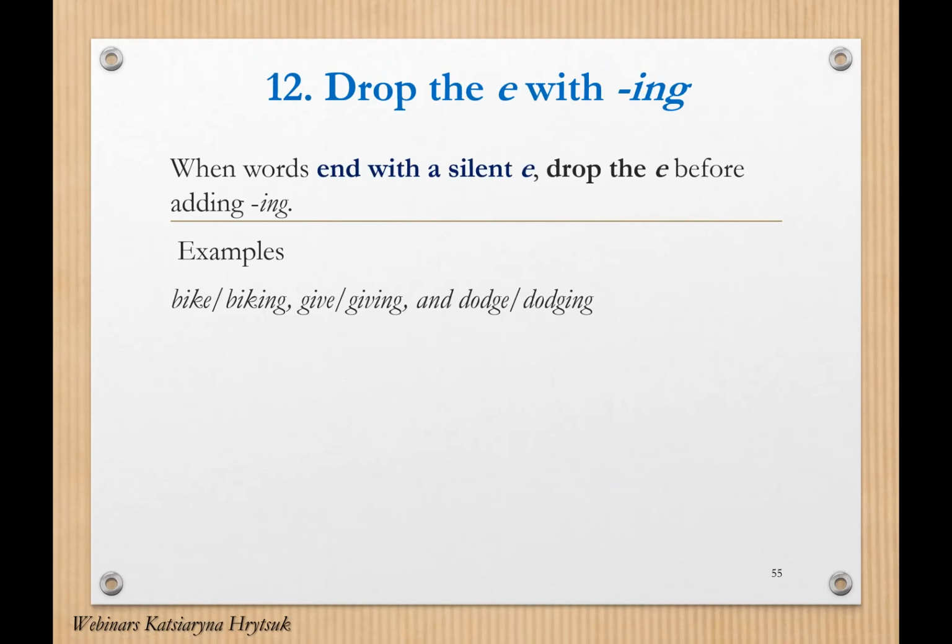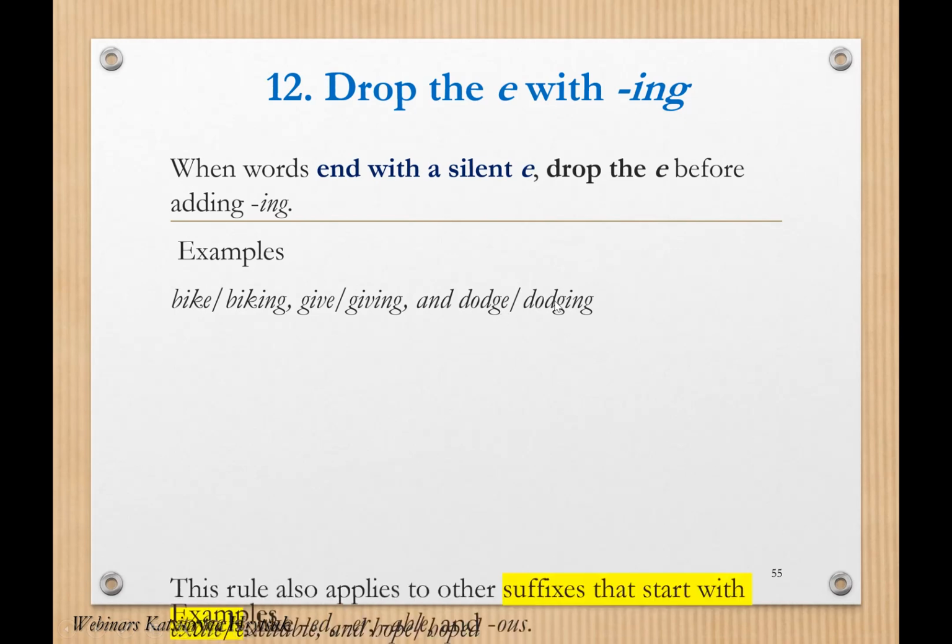Next, rule number 12. When we drop the E with ing. When words end with a silent E, like bike, we drop this E before adding ing. When we form present continuous, remember, we don't write this E. We drop it, put it in the garbage. Bike, biking, give, giving, dodge, dodging.